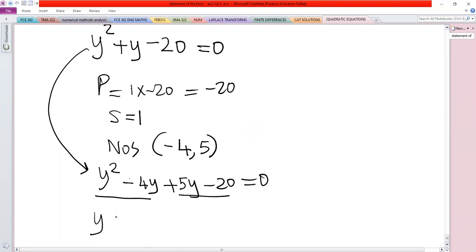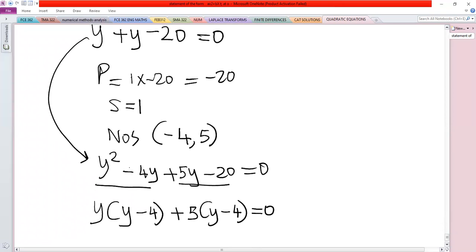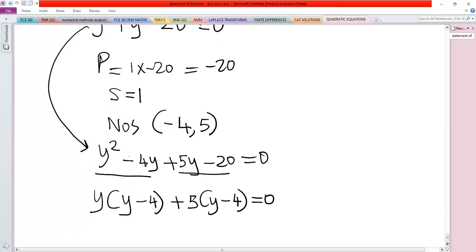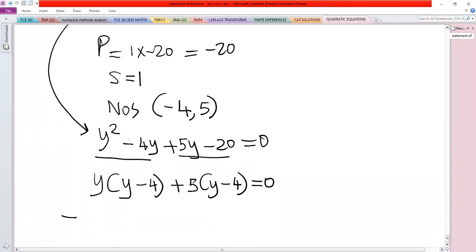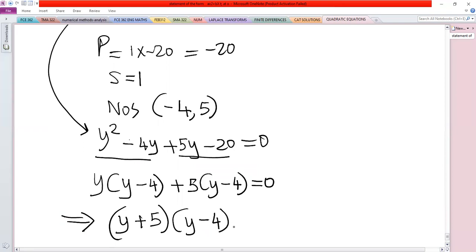So y into y minus 4 plus 5 into y minus 4 equals 0. This implies y plus 5 multiplied by y minus 4 gives 0.